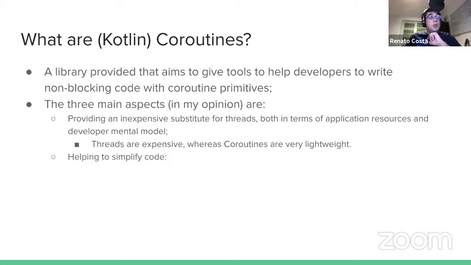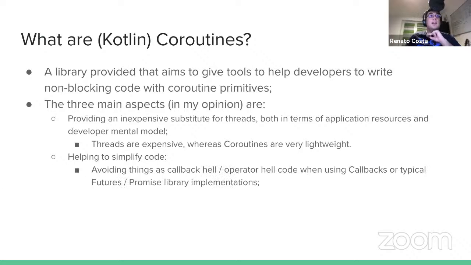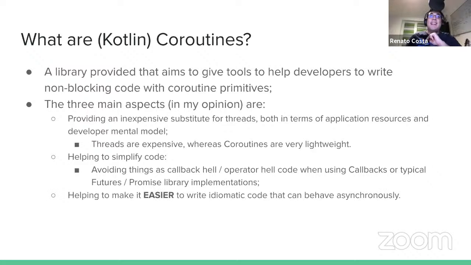It helps you simplify code, so you don't need to rely on callbacks or memorize a million operators when you're dealing with Project Reactor or RxJava or something related to that, although this is more or less changing, but I'll get to this later. Then it makes it easier to write idiomatic Kotlin code, just things that you can look up and see that it's Kotlin code and understand what is happening, and that it also behaves asynchronously. Emphasis on easier. It is not something easy to do.